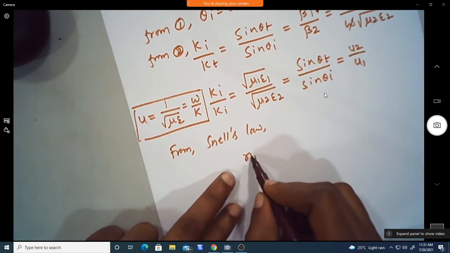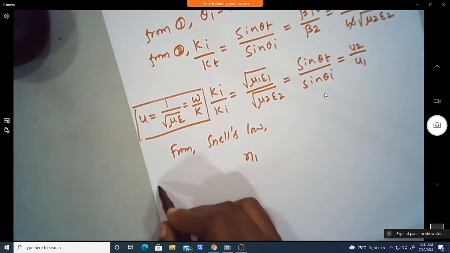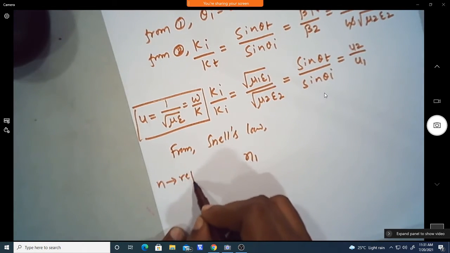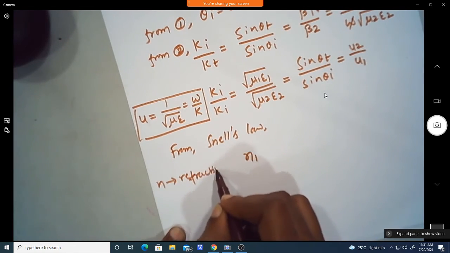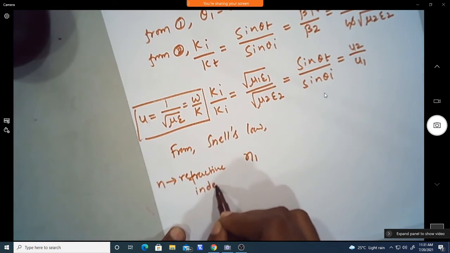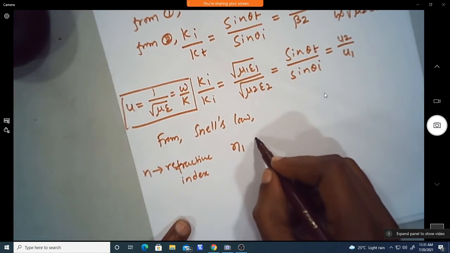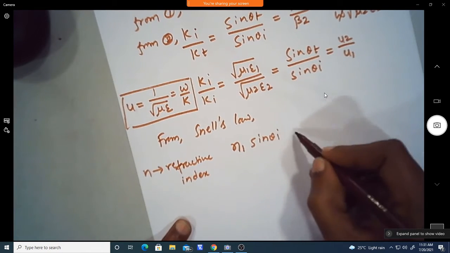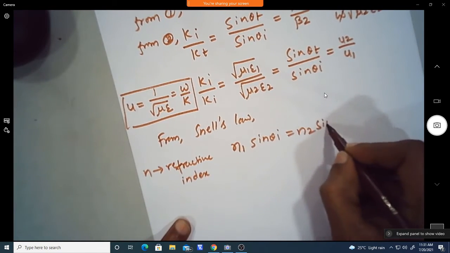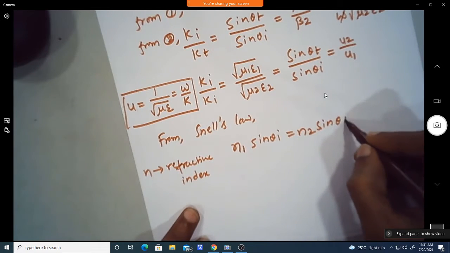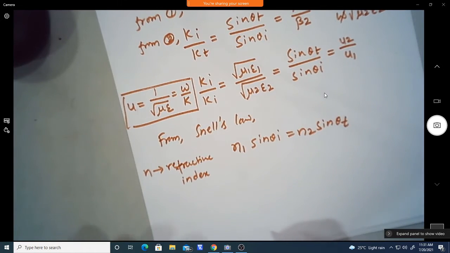Here n is the refractive index. From Snell's law, n1 sin theta i equals n2 sin theta t.